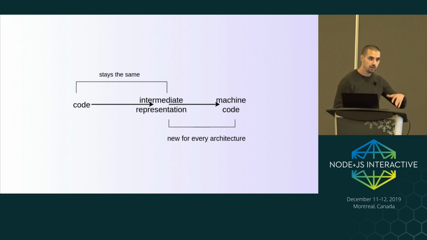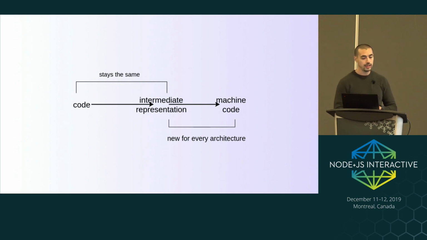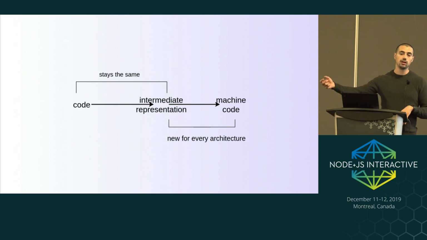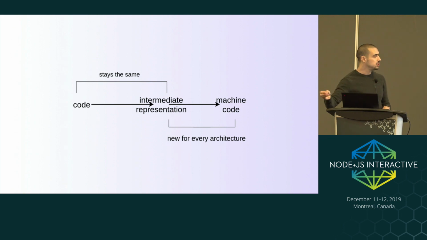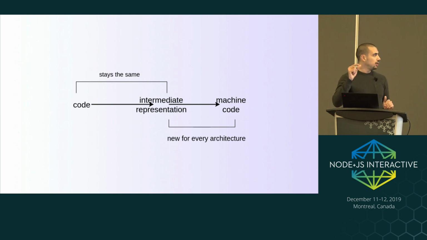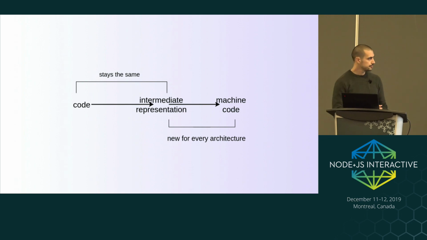There were a couple of CPU architectures lying around, and you would have to write your own compiler for a programming language for all of those CPU architectures. So this type of virtual machine allowed you to just write the transformation from intermediate representation to machine code on a case-to-case basis.